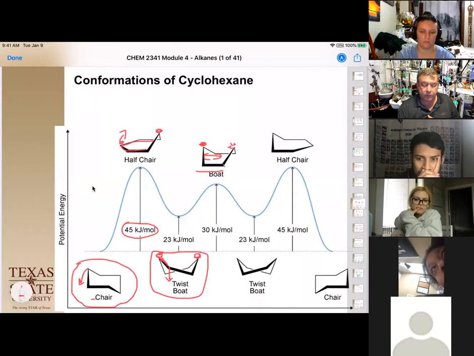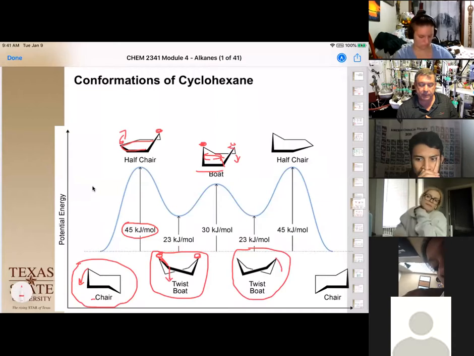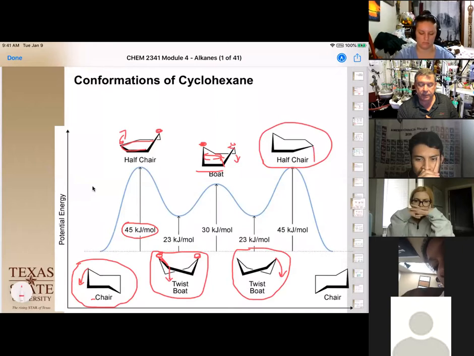Now if we move one of these up and one of these down, we get back to the twist boat in the other configuration. Then by flipping this down, we get to the half chair, which is again a high energy conformation. And by flipping this all the way down, we get to our chair configuration.